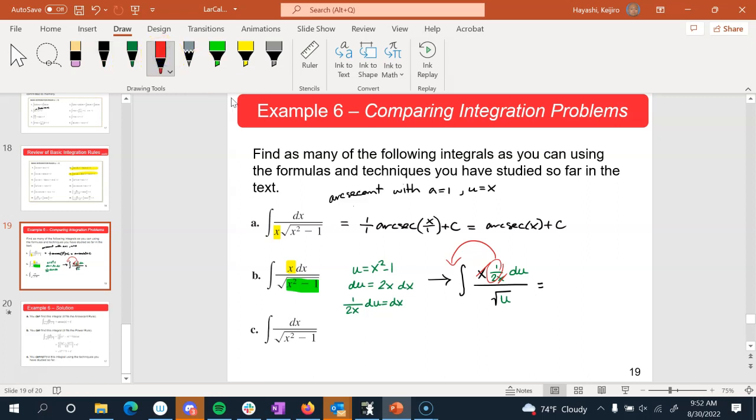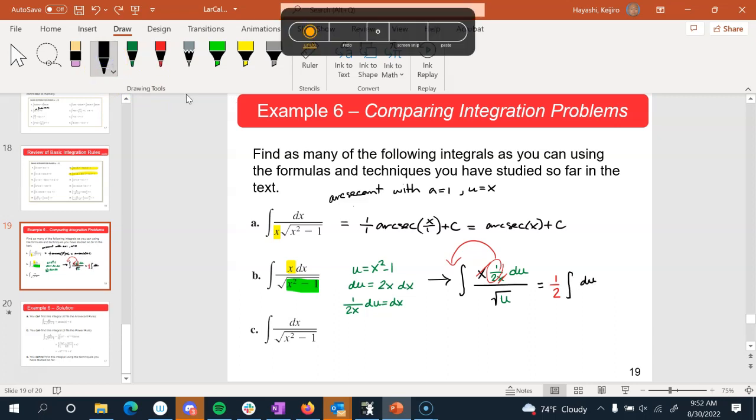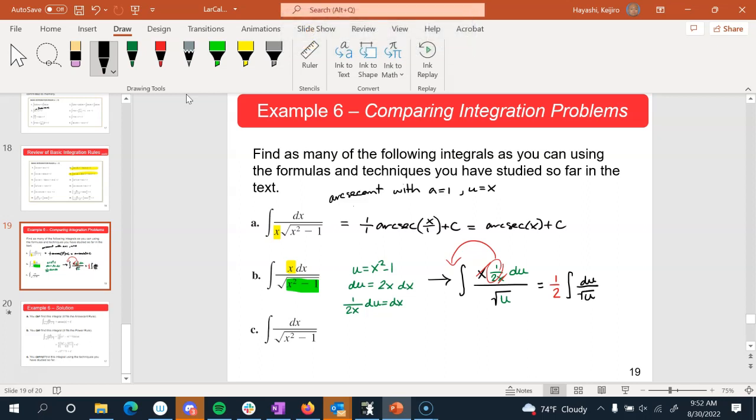So it looks like this is going to be solvable through u substitution. So 1/2 times du over square root of u still looks kind of weird, but if you have a square root of u, you can write it as u to the 1/2.